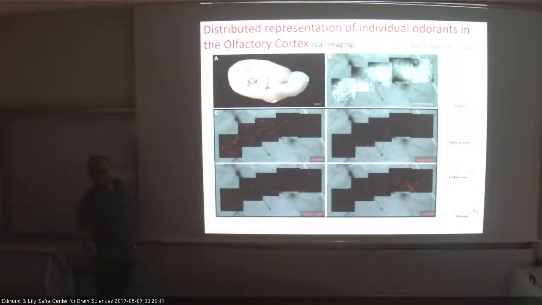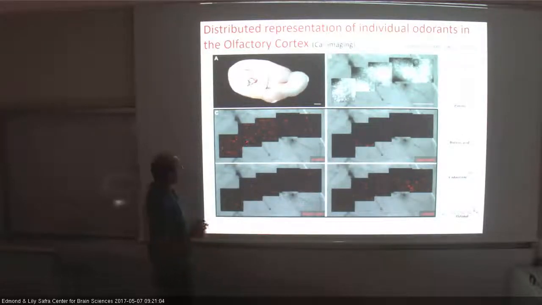We looked at sensory neurons a little bit. We looked at mitral cells a little bit. And what you see here is an experiment that used calcium imaging to look at broad regions of the cortex. So again, you see the region that's being imaged, and these are the imaging planes which are superposed together to show you the general picture.